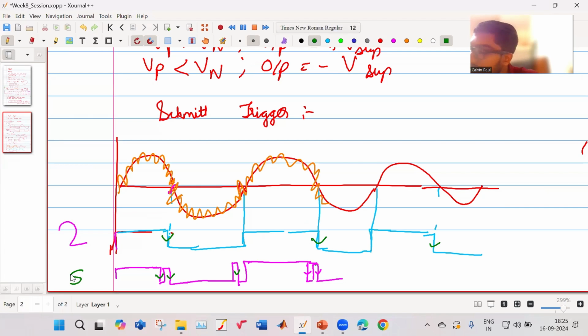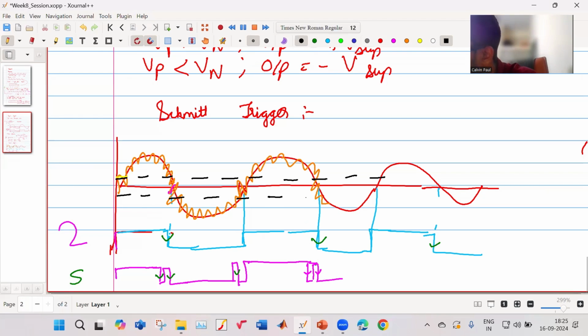So what is done is, they use what is known as a band. Only when my signal goes above this band will it become positive.